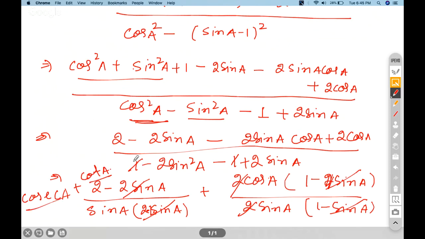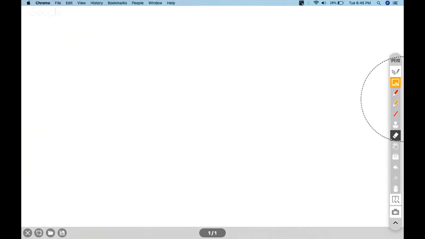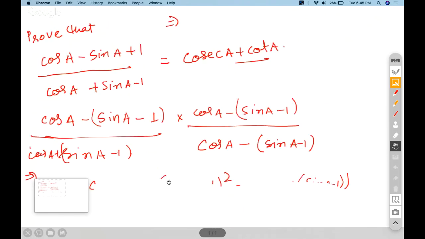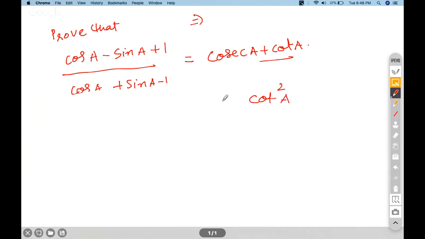Now another way to solve this question is, I took time because I multiplied with wrong rationalizing factor. So another way to solve this question is that somehow we utilize the thing 1 plus cot square A is equal to cosec square A. Now how can you utilize this particular thing?